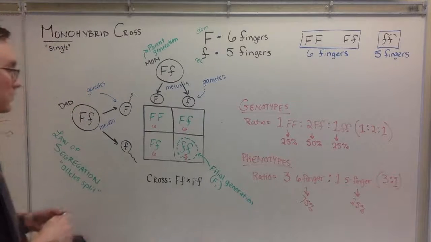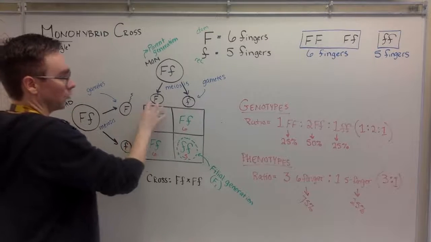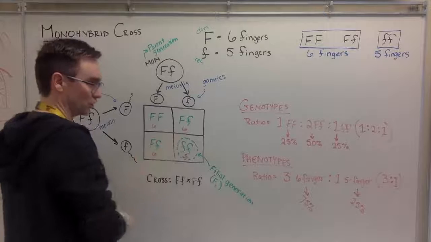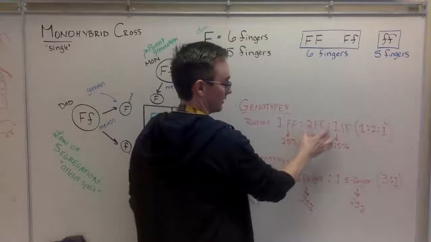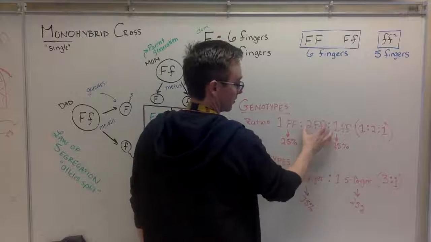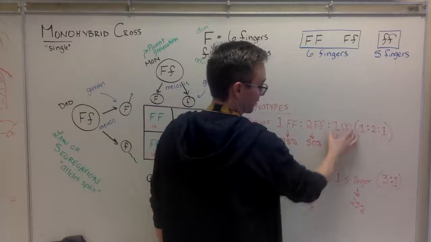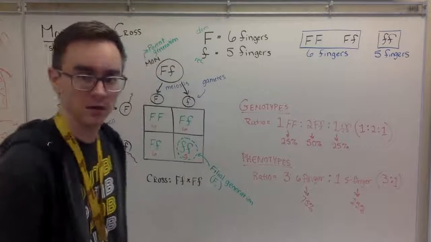All right. Once we do that, we have to measure out the number of genotypes, and we put it as a ratio, always putting dominance first. We have 25% homozygous dominant, 50% heterozygous, 25% homozygous recessive, for a 1:2:1 genotypic ratio.